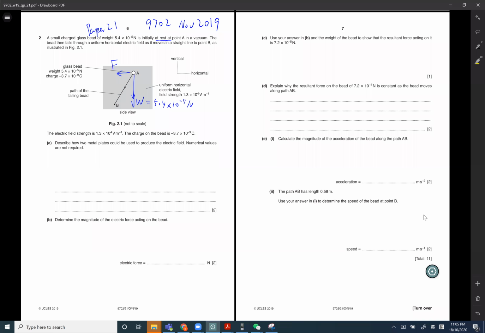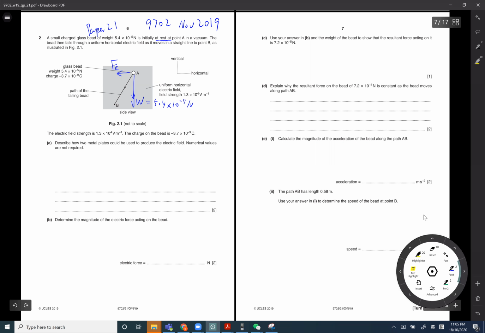So the other force is the electric force from the electric field. But this particle is negatively charged. If you have force to the left, that means this way is positive charge, this way is negative charge. Negative charge on the right, because here is negative.